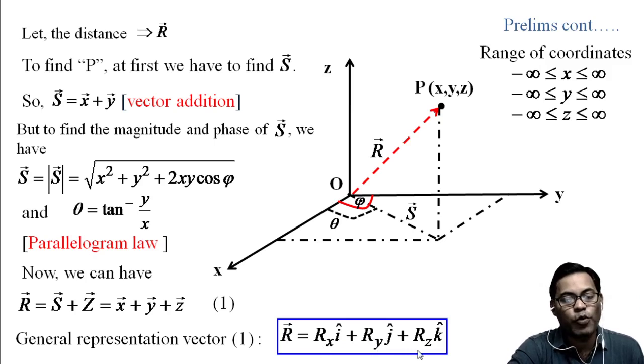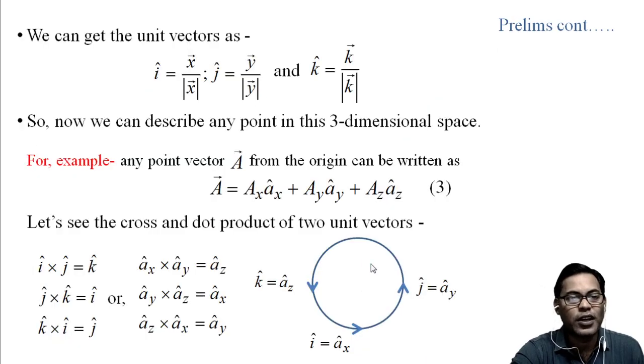Here rx, ry and rz are the components of this vector r along the x, y and z axes respectively, and i, j and k are the unit vectors along the x, y, z axes. So this r is the general representation of any distance vector, or any point described in the Cartesian coordinate system, and the distance of that point from the origin can be written from this expression. Let us see that.